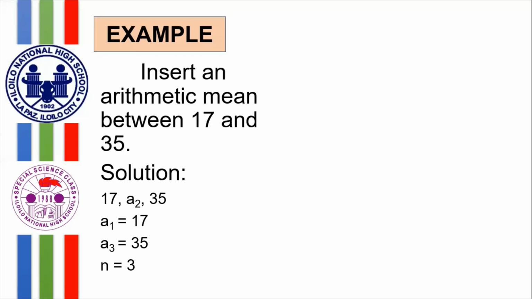And after this, all we have to do is use again the concept of the explicit form of an arithmetic sequence, which is a sub n equals a sub 1 plus the quantity n minus 1 times d. If you wanted to know how this formula was derived, please feel free to check the other video, which is all about finding the terms of an arithmetic sequence.